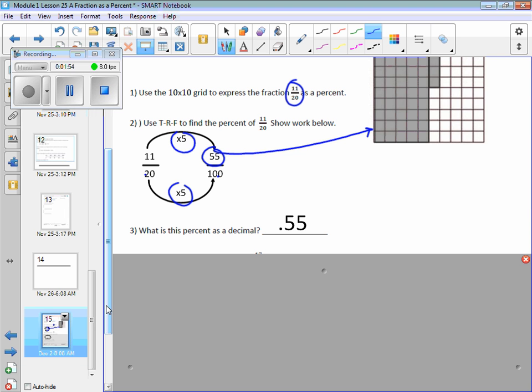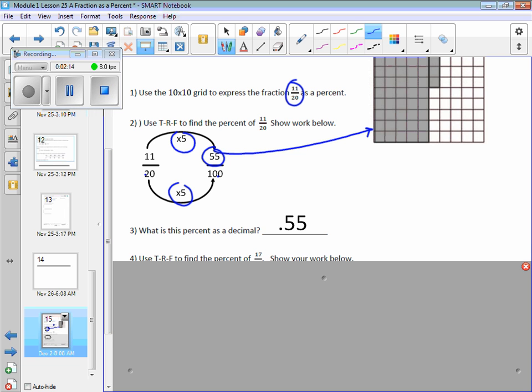What was the next fraction? Without revealing it, I don't remember. Karen. Okay, 17/25. What do you have to multiply the top and the bottom by in order to get the equivalent ratio out of 100? Leah. It's a multiplication value of times 4. And when you do that, what do you get?